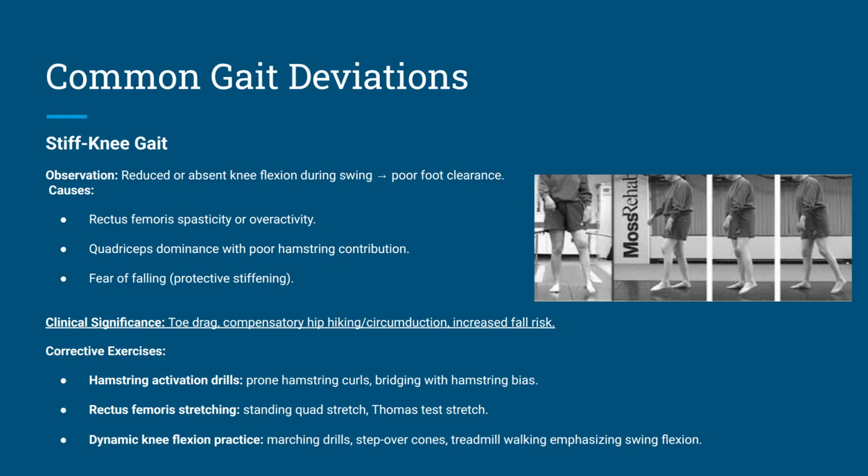Dynamic knee flexion practice. Marching drills emphasizing knee flexion, stepping over obstacles, or treadmill gait with focus on swing phase. If knee flexion is absent in swing, always suspect timing, not just weakness.